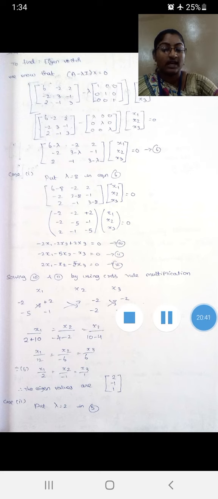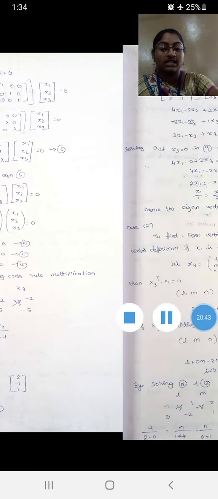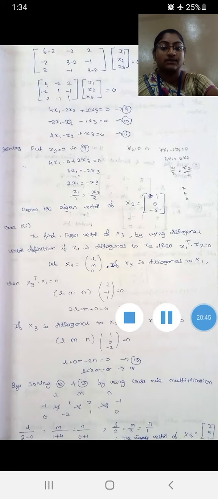Next, in case 2, we have to find the eigenvector for lambda equal to 2. Substitute lambda equal to 2 in the diagonal elements and solve for equations 9, 10 and 11. In this, put x2 equal to 0 in the ninth equation. So 4x1 minus 0 plus 2x3 equal to 0. Take 2x3 to the other side, it becomes minus 2x3.